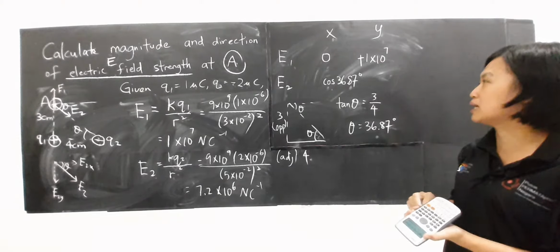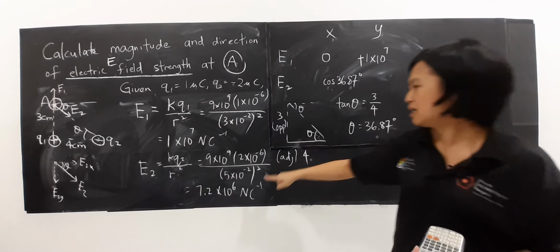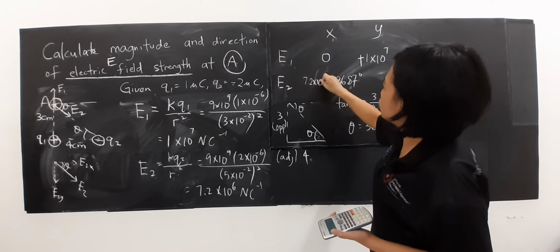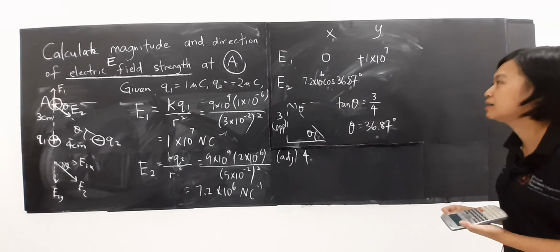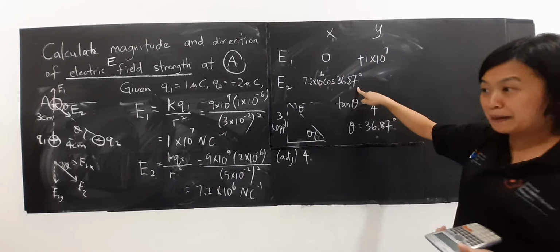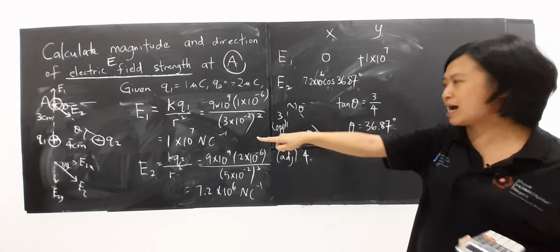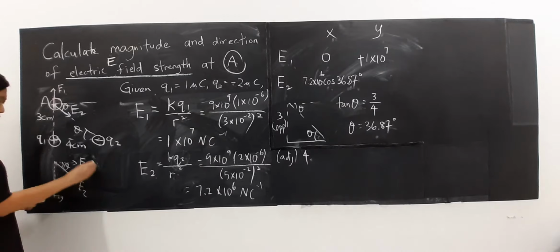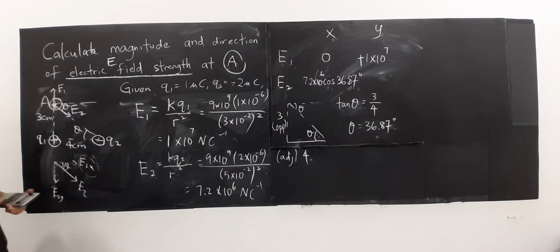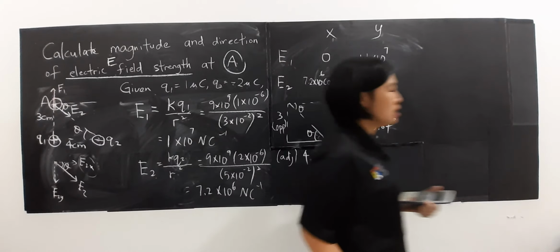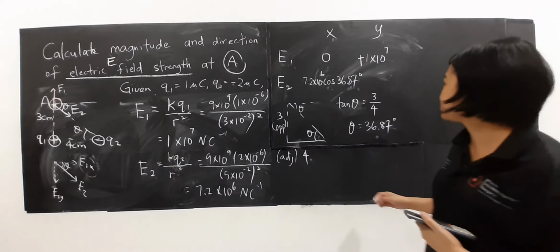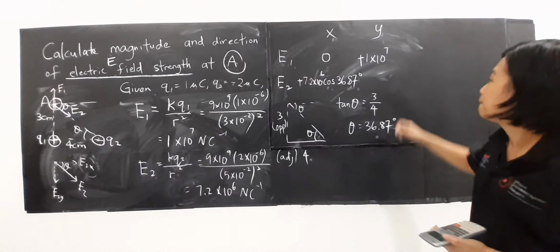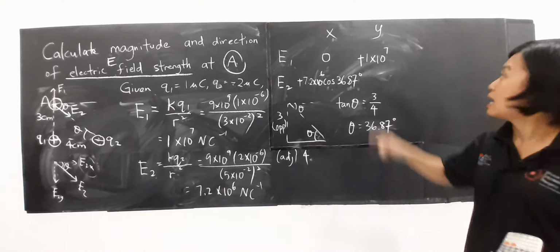Darab dengan nilai E2 iaitu 7.2 power of 6. Okay. Dan arah ini ke mana? E2x. Kalau saya tengok ni, E2x ke arah kanan kan? Ke arah kanan macam mana sign conventionnya? I will found that positive.